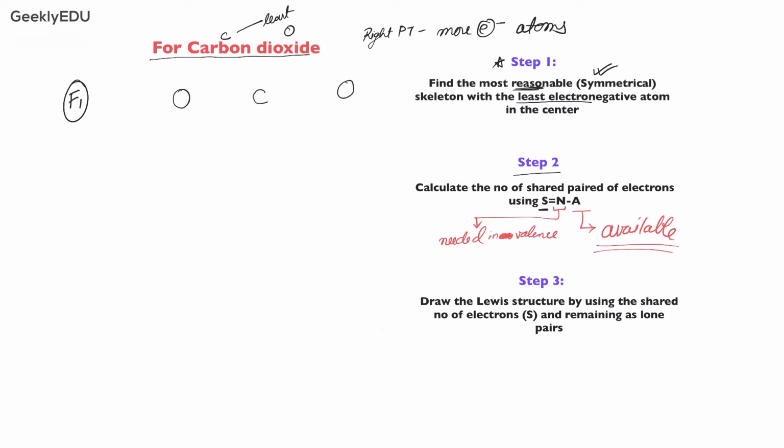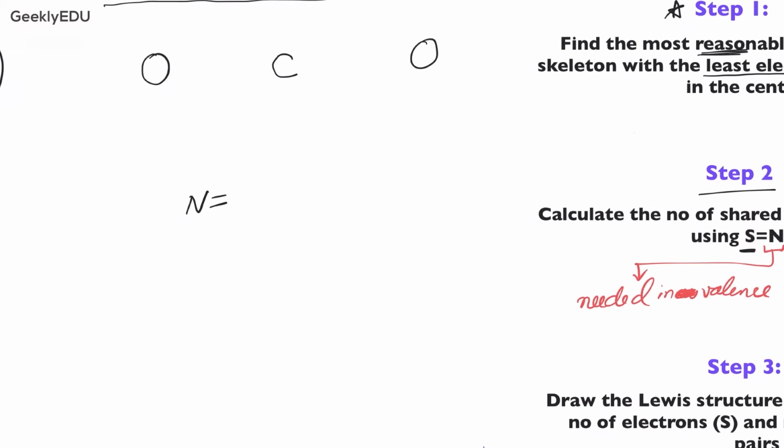Okay, so let's find that out for this CO2. We will start by calculating N. There are three atoms, and each of these is going to follow the octet. What does the octet rule say? The outermost valence shell should have 8 electrons because it resembles the noble gas configuration.